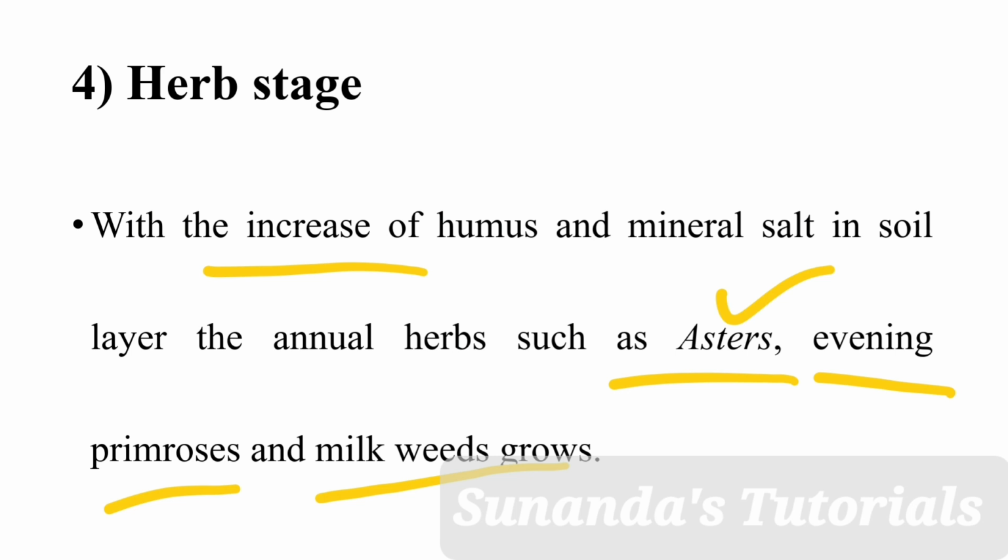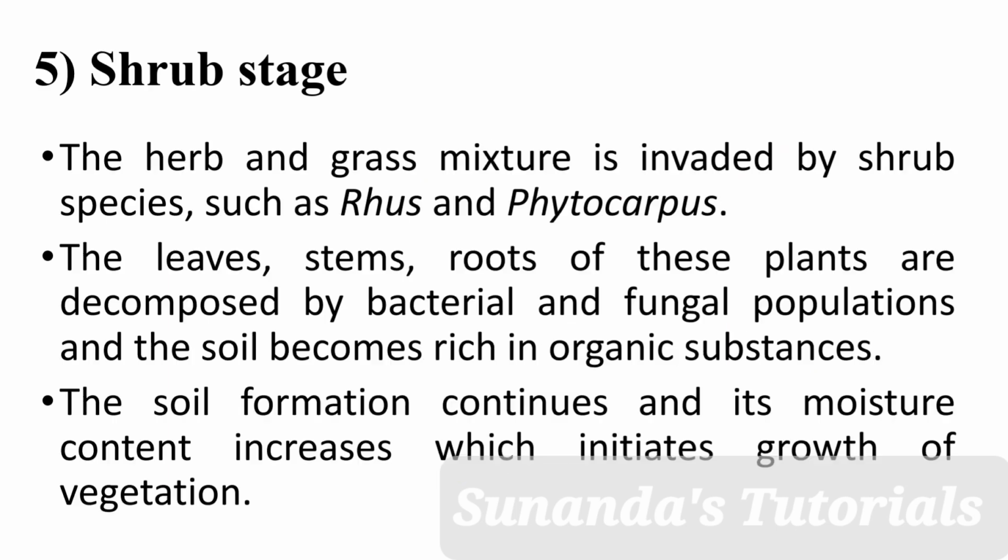Some herbs start appearing on that land. These are just some examples, but there are more herbs which appear on that land, and they appear with the increase in humus and mineral salts.